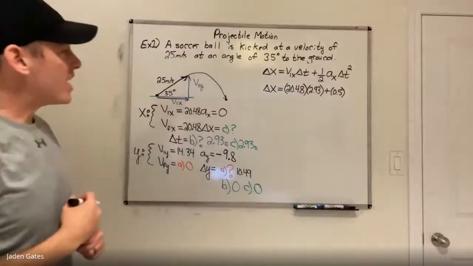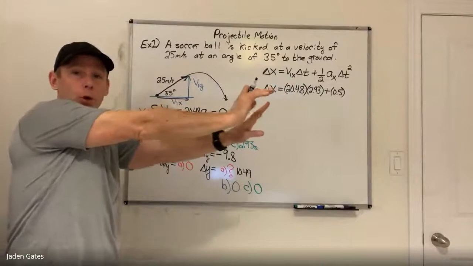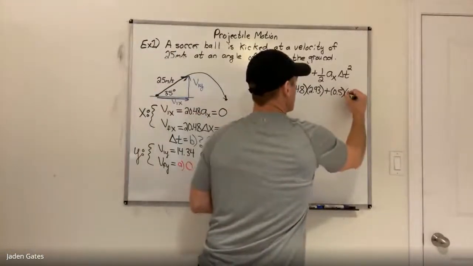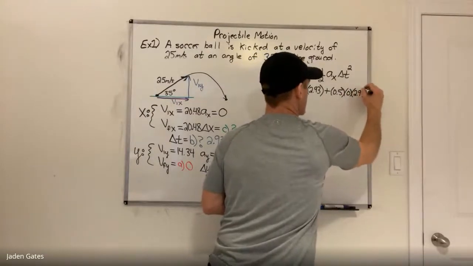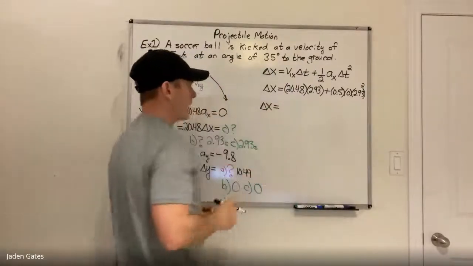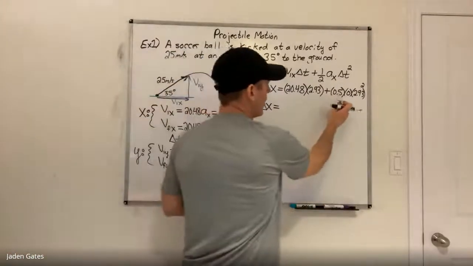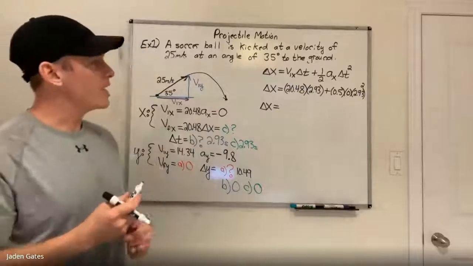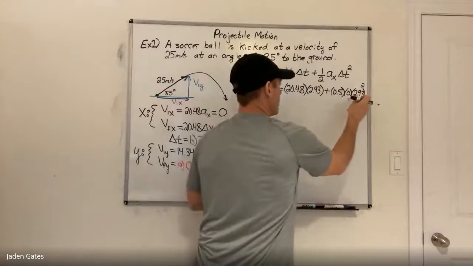My acceleration x, again, there was nothing moving this ball forward or stopping it from going, so it's 0. And times my time, which is 2.93 squared. Now, over in this term here, 0.5 times 0 is 0. So it doesn't even matter what that 2.93 squared is, because 0 is going to make this whole thing 0.